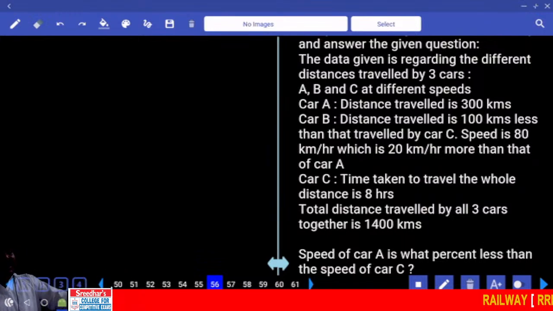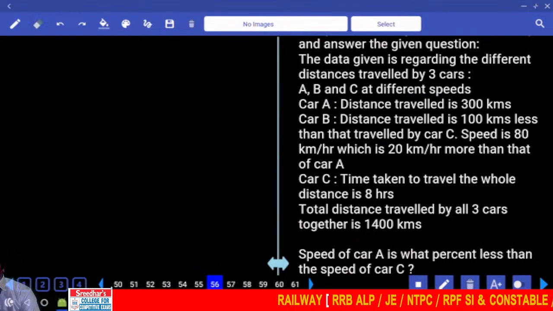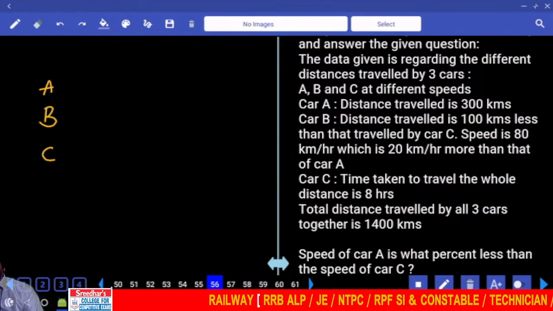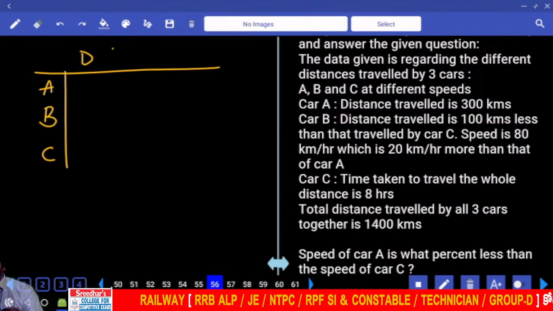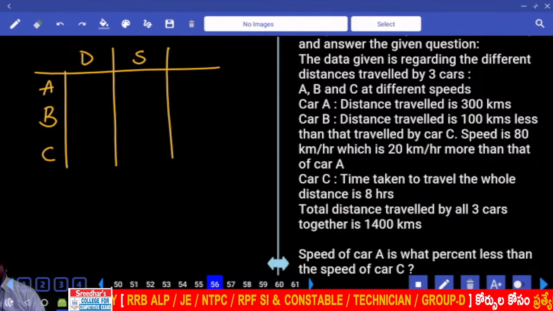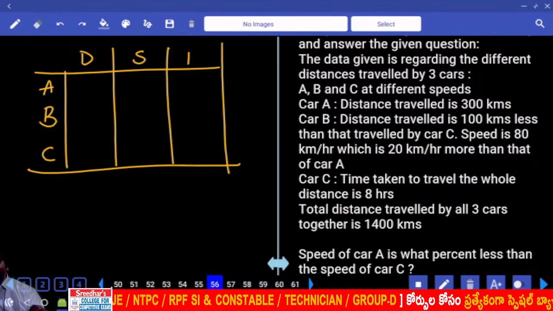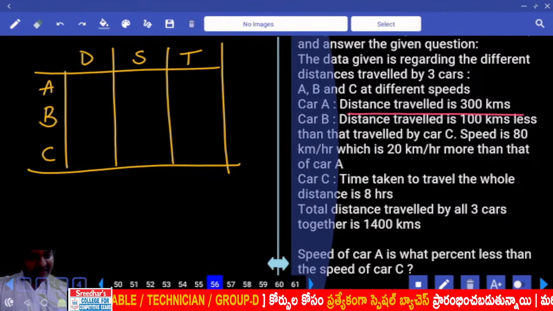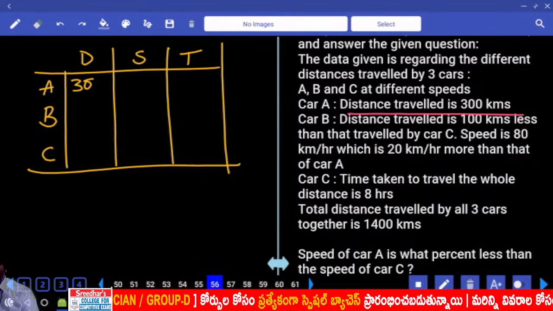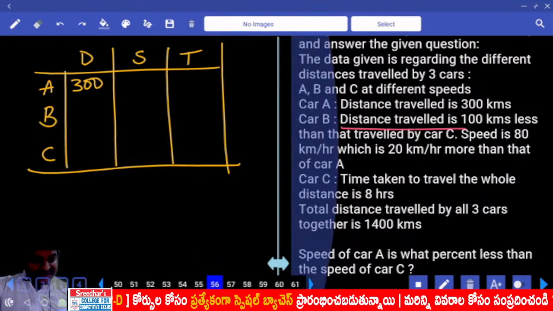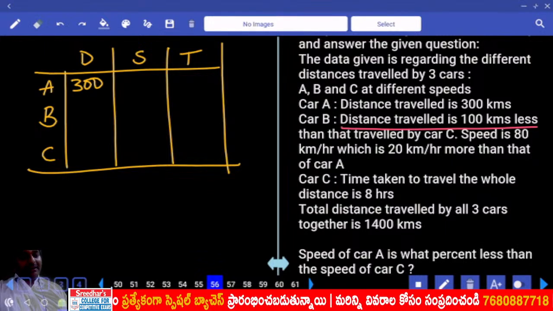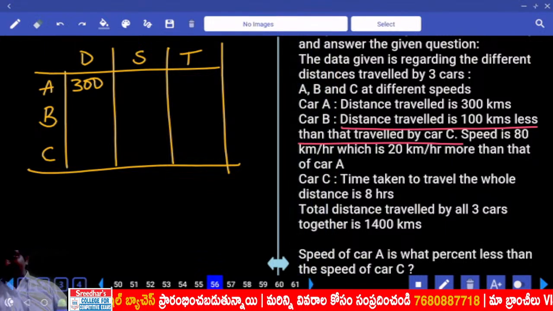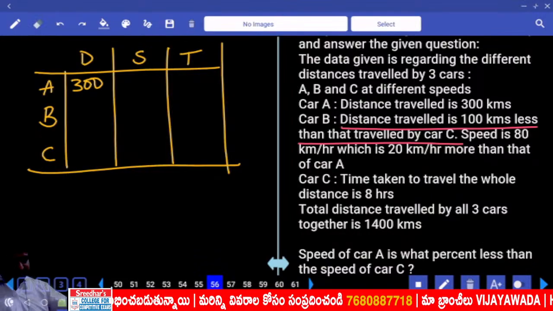The data given is regarding the different distances traveled by 3 cars A, B, C at different speeds. When you have distance and speed, we will also get time. A 3 by 3 matrix. Distance traveled by A is 300 kilometers. Distance traveled by B is 100 kilometers less than distance traveled by C. C distance we don't know, keep it aside.